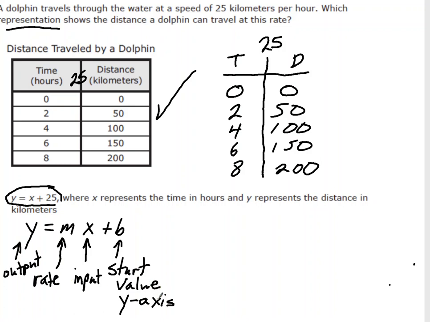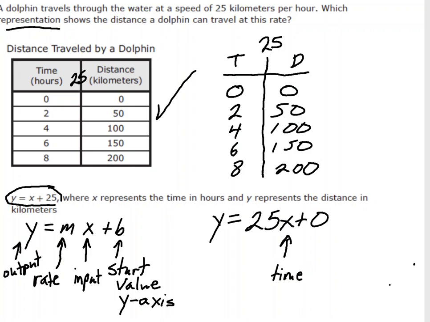What is all of this worth together? So if we were to use the linear equation, we would have to have y equals 25x plus 0. Because this would be an input of time.